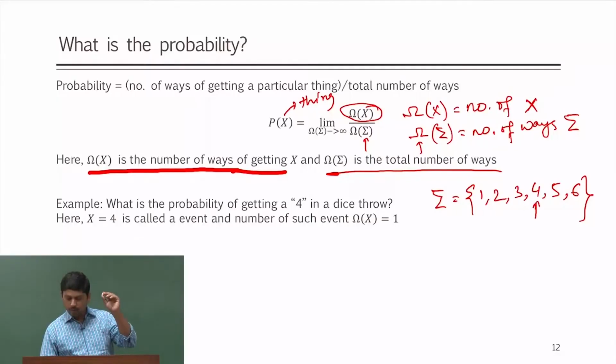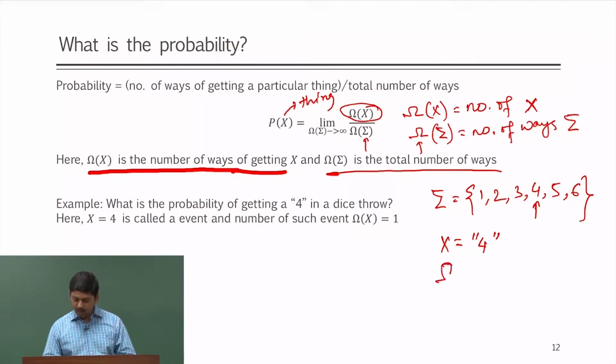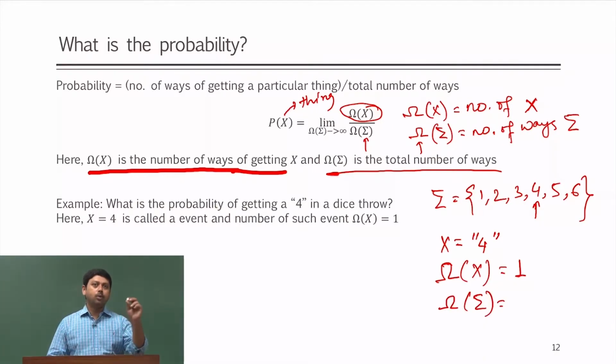That's all possible outcomes, in which, what is the number of ways of getting a 4? Only once, one time. I get a 4 only once. So, x is 4, sigma is what I have mentioned here: number of ways of getting 4 is only 1, number of ways of getting all of them, let us say I said you get me either 1 or 2 or 3 or 4 or 5 or 6, there are 6 possibilities, right.